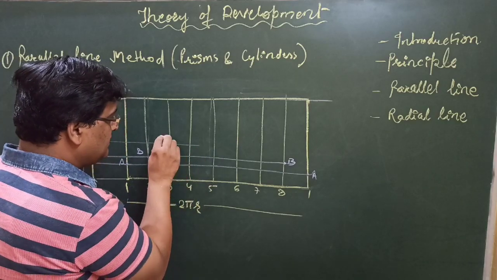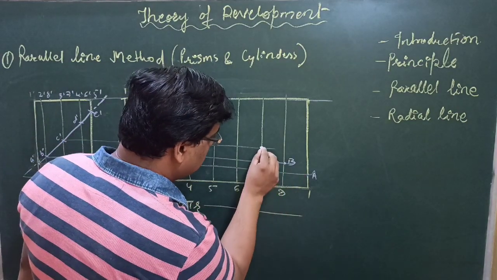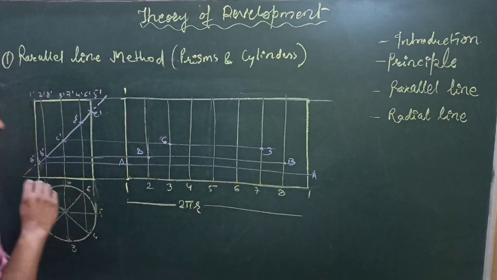So this is 3, this is C. On 7 also it will be 3.